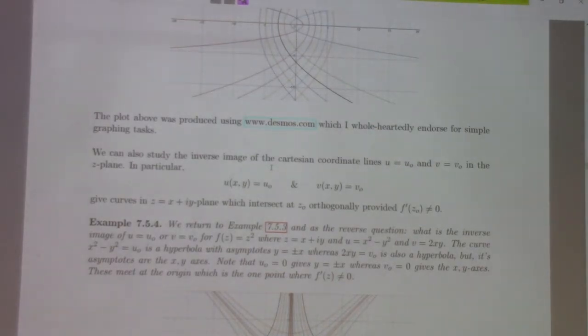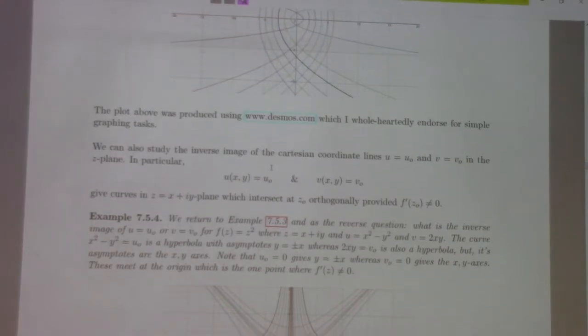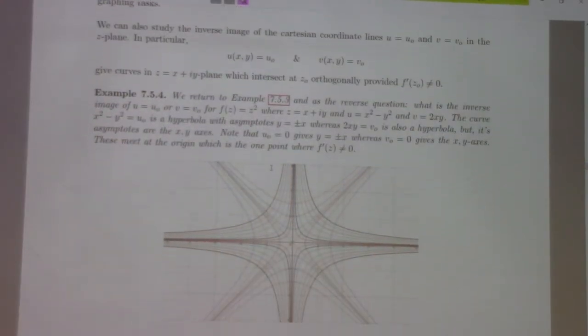The other, of course, is that you could also look at it as u equal to a constant, v equal to a constant. Look at the rectangular grid in the uv plane and see what it maps back to, because in fact it goes the other way. If f prime of z naught is non-zero, then so is the other way around.